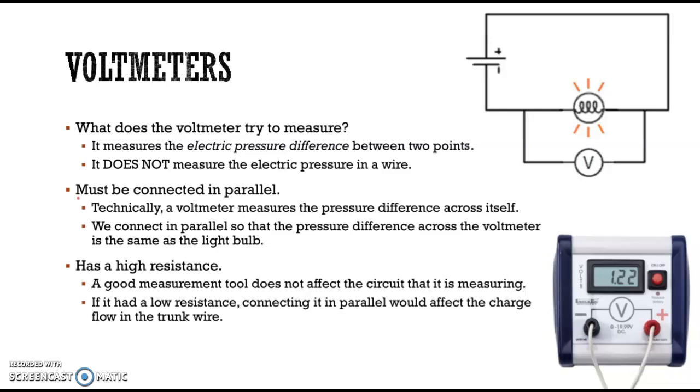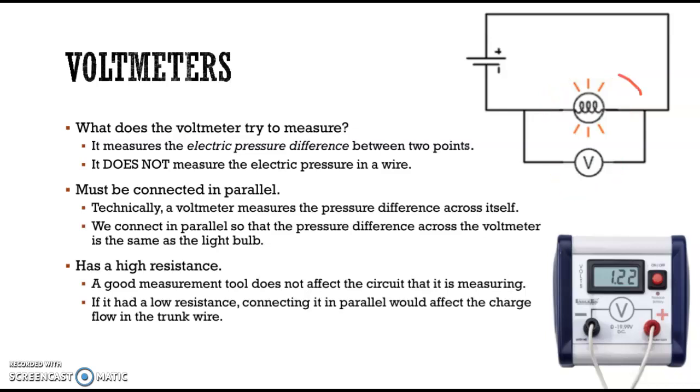Now, in order to do that, it must be connected in parallel. That's because technically the voltmeter can only measure the pressure difference across itself, from here to here. It doesn't officially measure the difference from here to here. It measures the difference across itself.